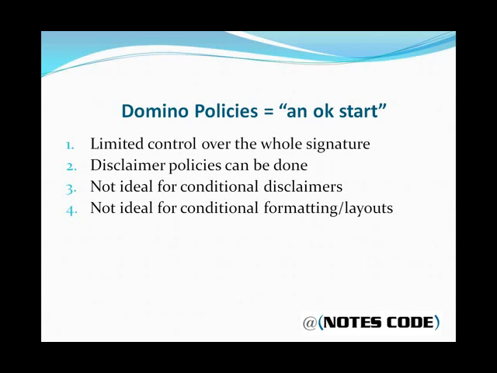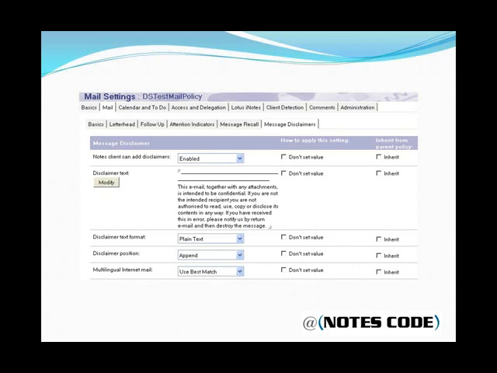It's not possible. As an example, we can have a disclaimer in our policy and apply it to a group, but when it comes to having multiple groups or larger groups and we have specific needs, it's one size has to fit all, and it's just not quite there.